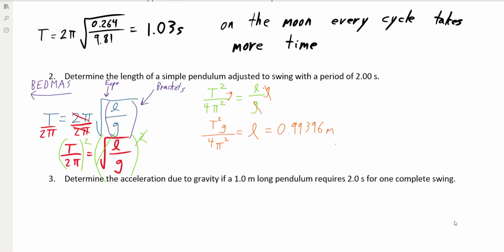And this is meters. Okay, so considering we have 3 sig digs here, we should have 3 sig digs here as well. So our final answer is 0.994 meters.